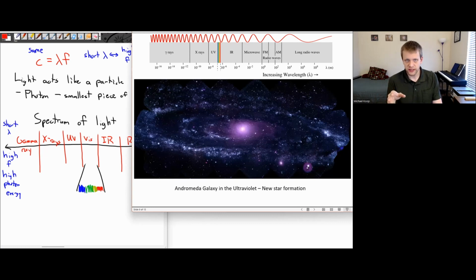So this image, by looking at the Andromeda Galaxy in the ultraviolet part of the spectrum, will specifically highlight these areas where there has been recent star formation, where these highly energetic but very short-lived stars are still kicking around, we can see where new areas of star formation came from. Again, if we want to study astronomy, we want to study the sky in as many parts of the spectrum as possible, because different systems will give off different amounts of different kinds of light.